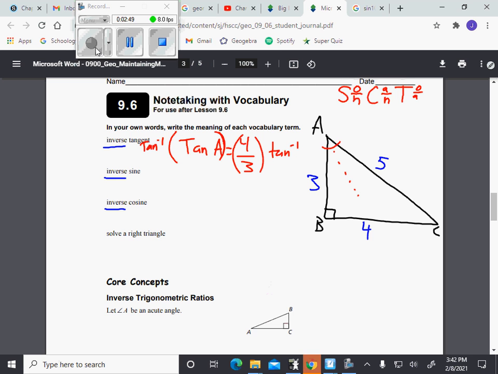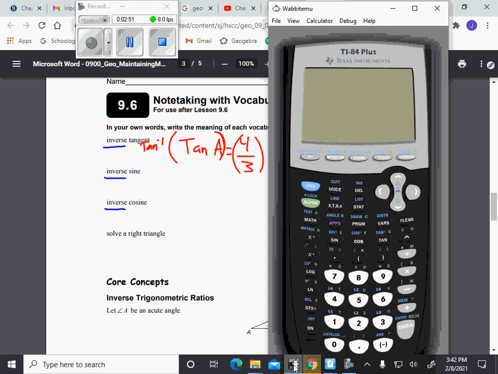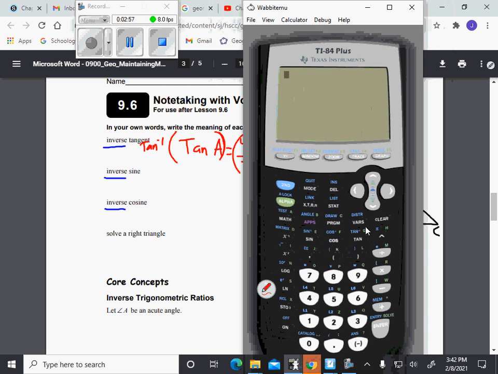On my calculator, it looks a little different for each of yours. Right here, I just put my mouse. There is the sine inverse. It's in blue, the cosine inverse, and the tangent inverse. They're all in blue, right above sine, cosine, and tangent.